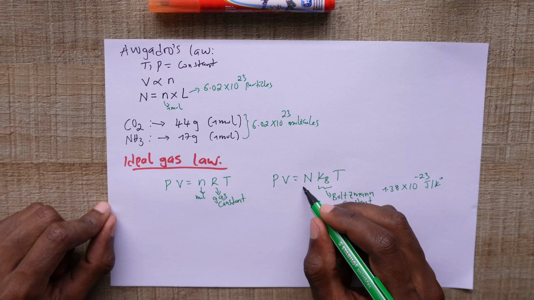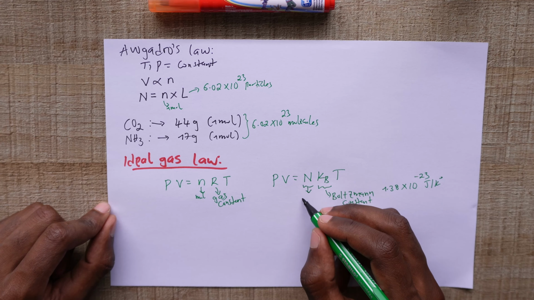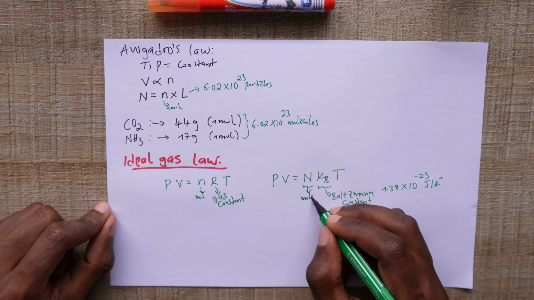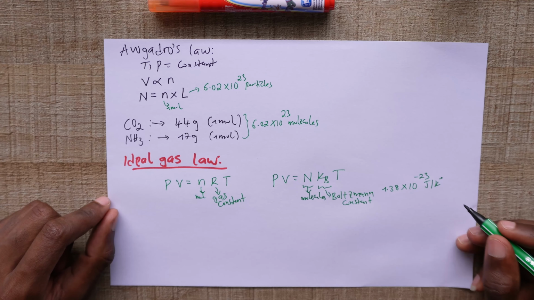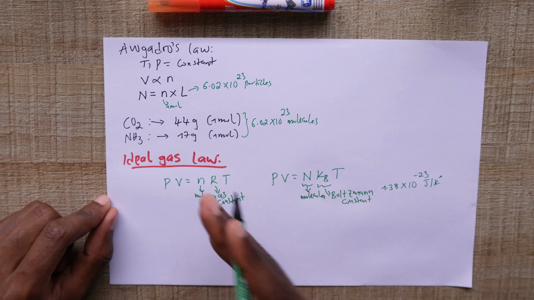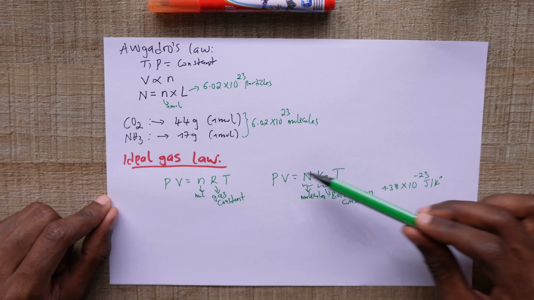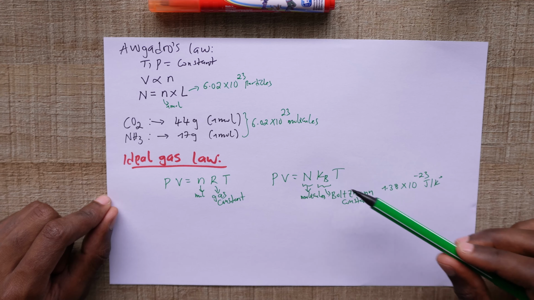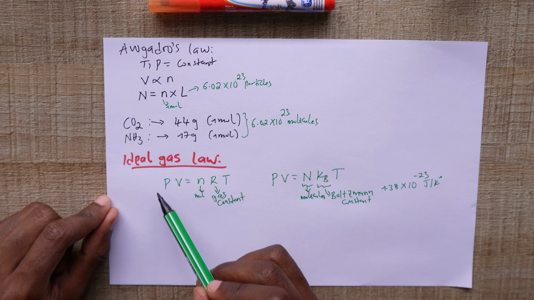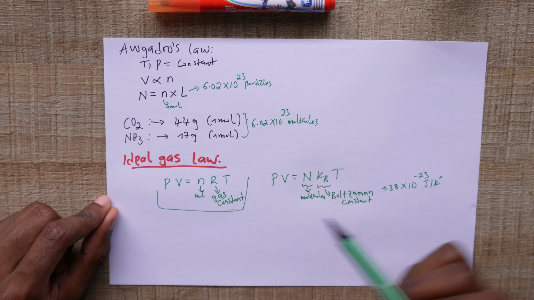And here N is the number of molecules, or number of particles, of the gas. So these two forms are equivalent. Usually, in statistical mechanics, we work with this one, and in chemistry, we usually work with the other formulation.